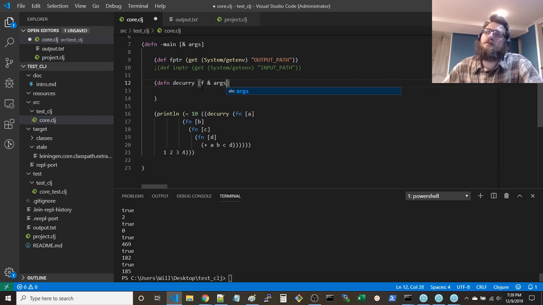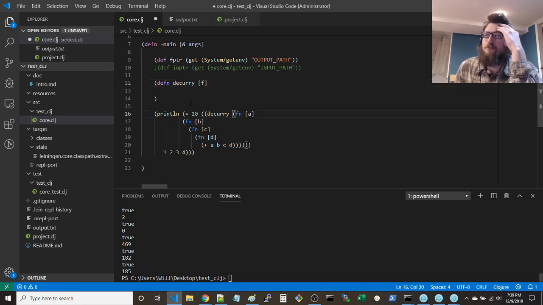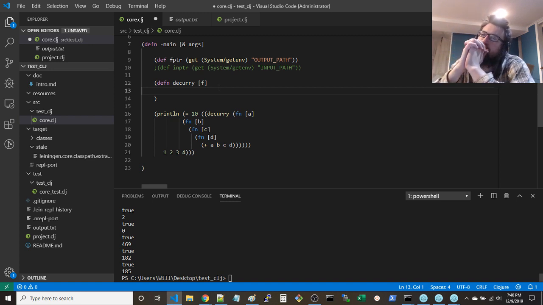Take a variable number of arguments. We don't actually know how many arguments we need to take. Well, yeah, I guess we do, huh? Not entirely sure.